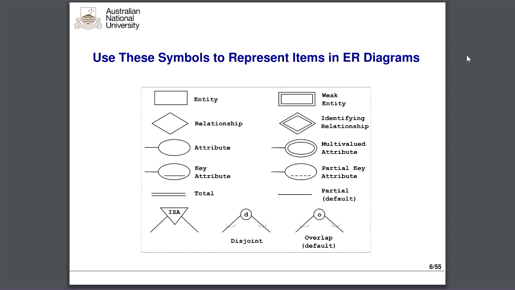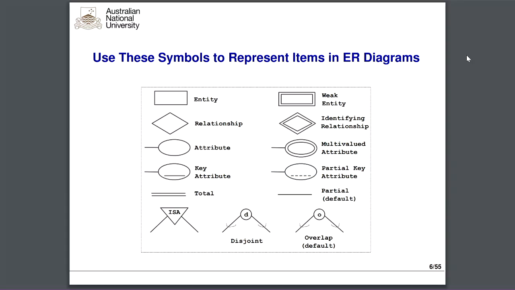For example, this course I'm just teaching partially, right? Professor Wang will be teaching the other part. So this is a partial. The partial one is the default, and total is specified. Then ISA is used to identify these subclasses.